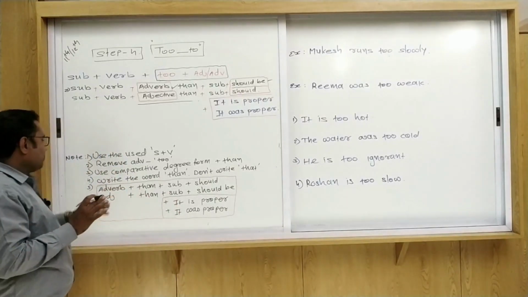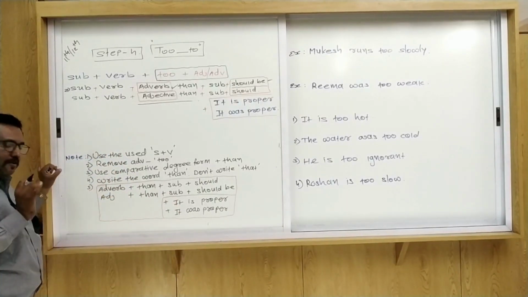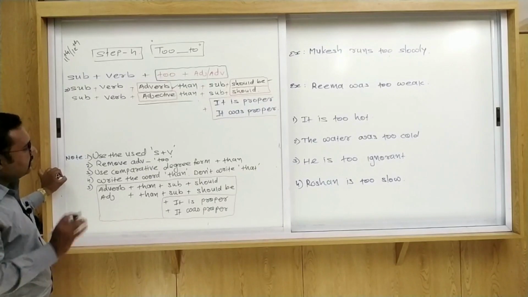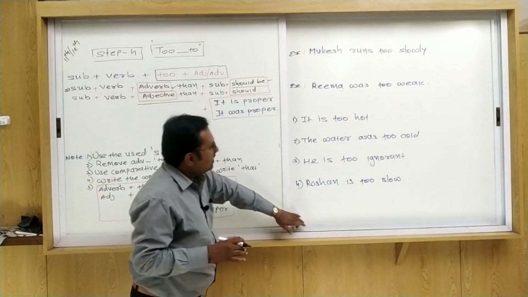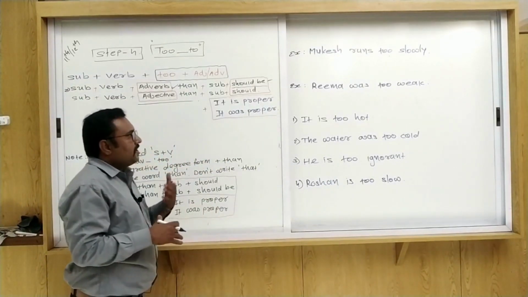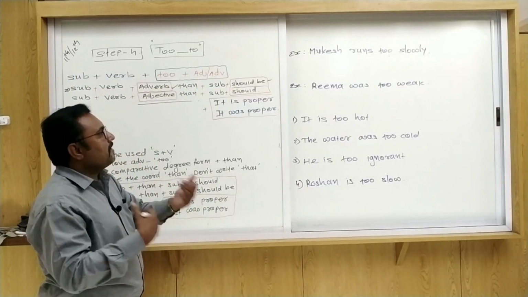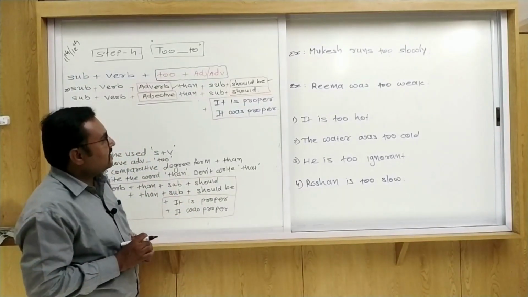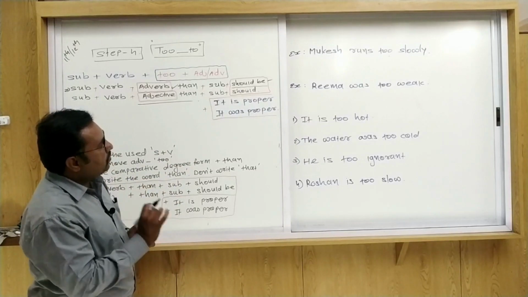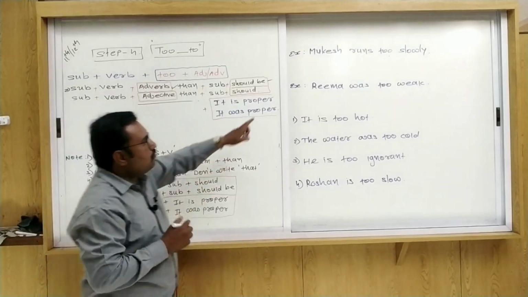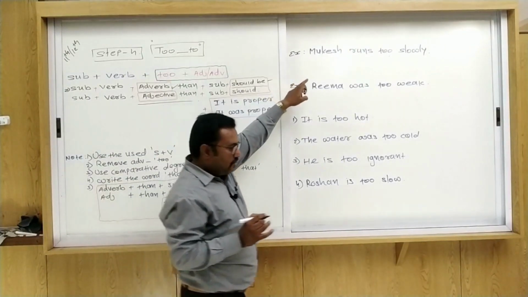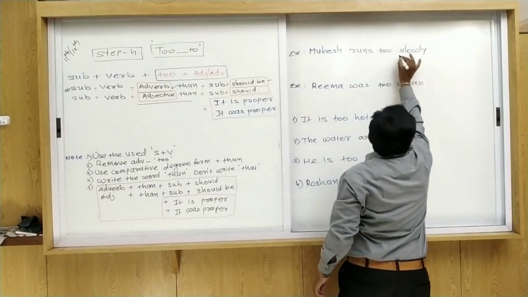Now see that these are the simple notes. There are 5 notes and these are the examples. So we try to go one by one, step by step through the sentences. The first is Mukesh runs too slowly. Too slowly.